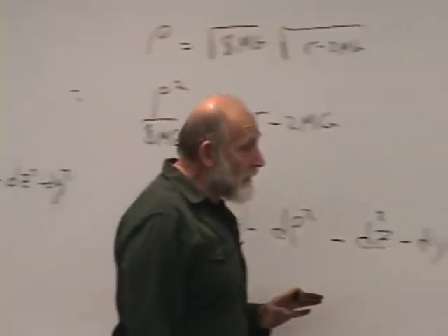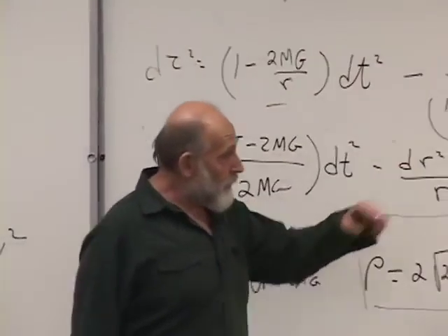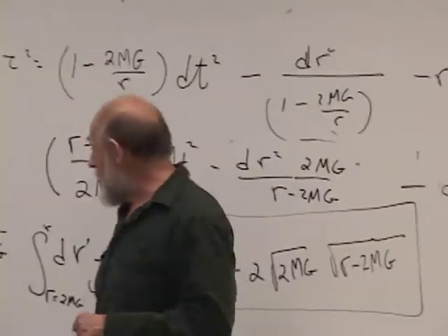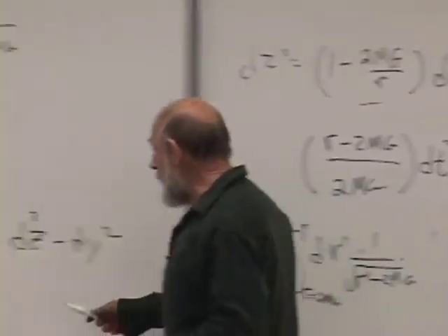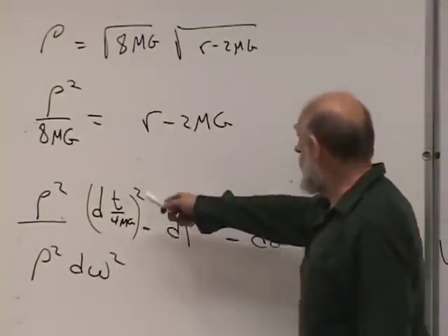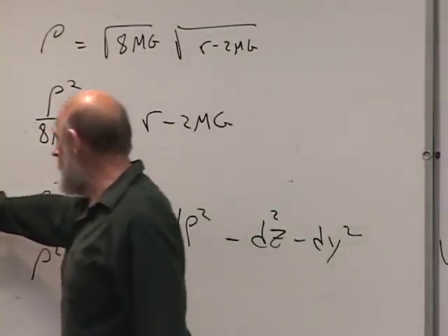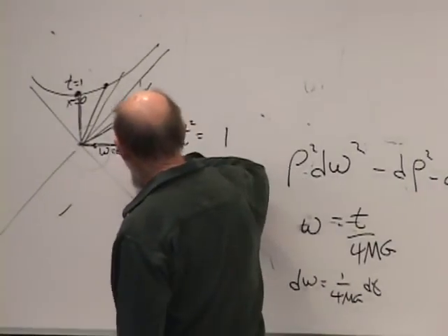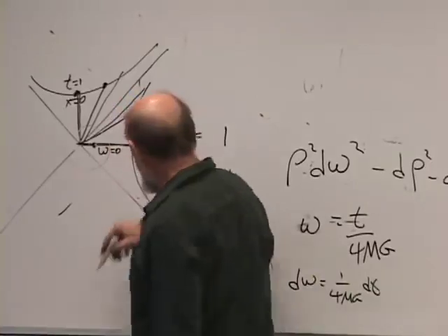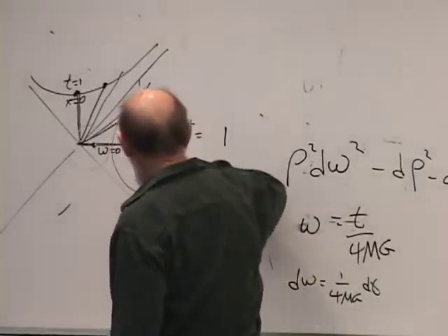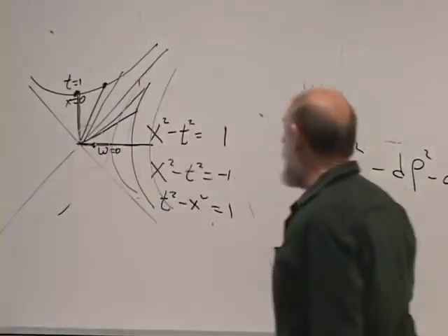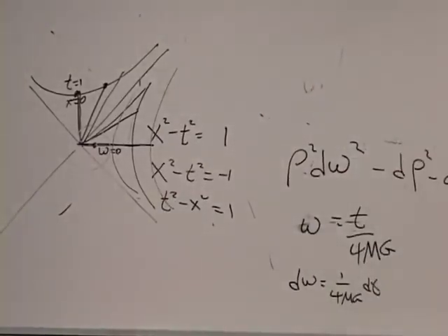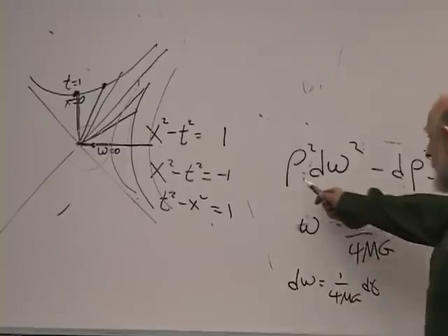Number two, this rho variable, which was proper distance from the horizon, and which enters into the metric in this form over here, is obviously close to the horizon the same variable as the accelerated coordinate system uses to distinguish one observer from the other.